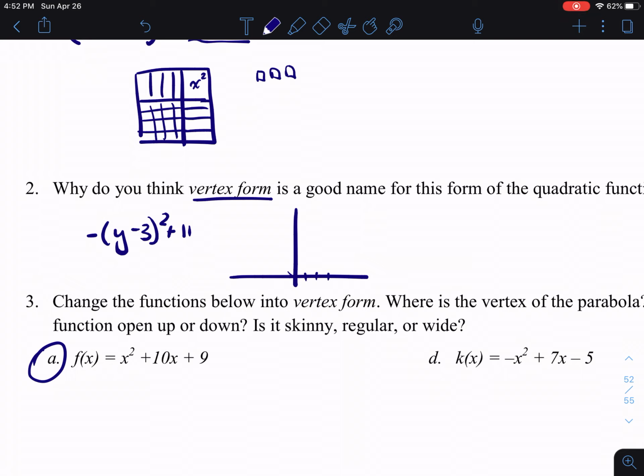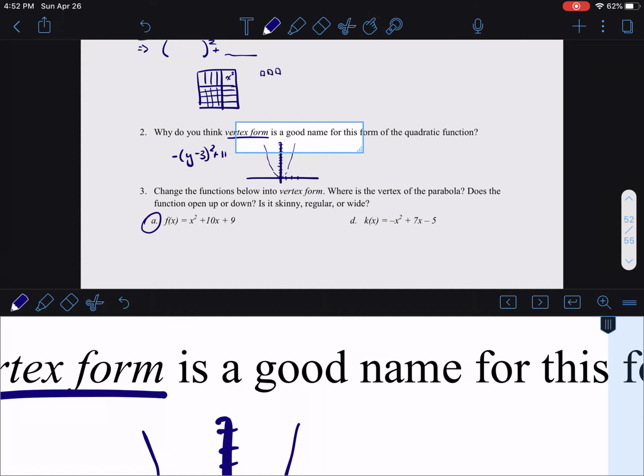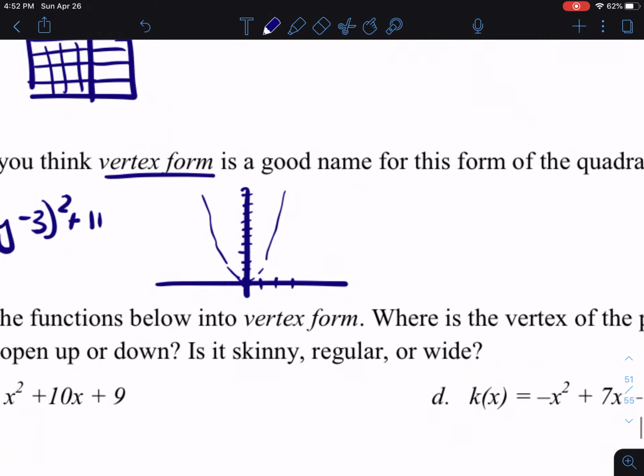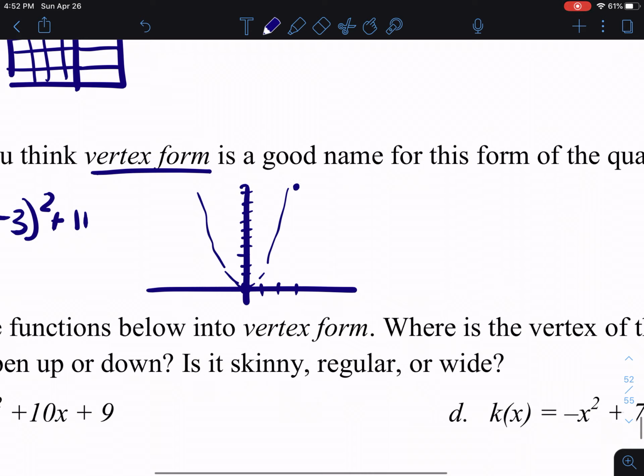So instead of the function looking like this with a 0, 0 vertex, it's actually going to have the vertex at 3, 11, and it's going to open downward.